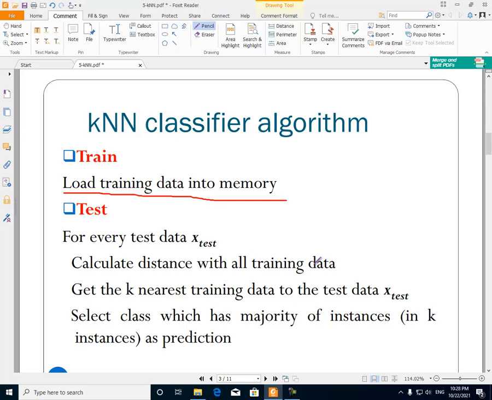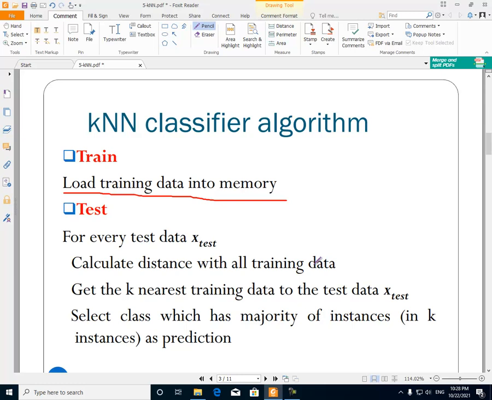For example, if I have 100 training data and this data is in the memory, then a test data comes and we want to classify this test data. First, we calculate the distance of this test data to all of the training data that I have in the memory, and then we get the nearest training data to the test data.